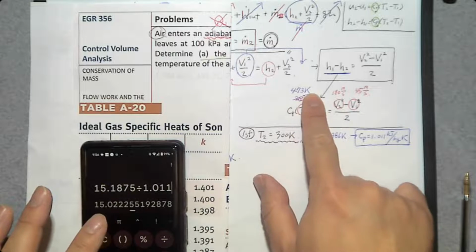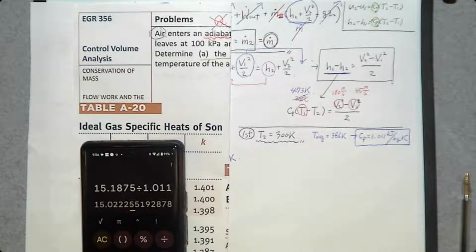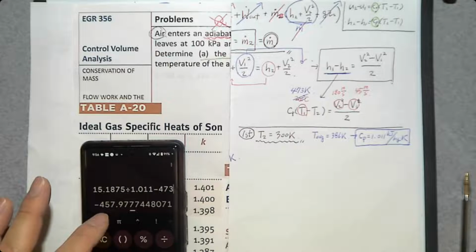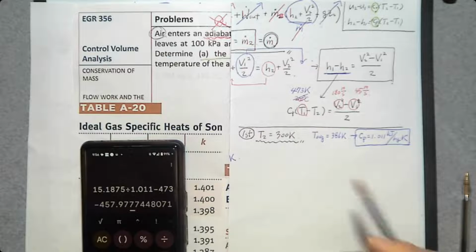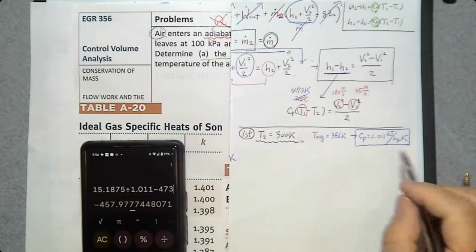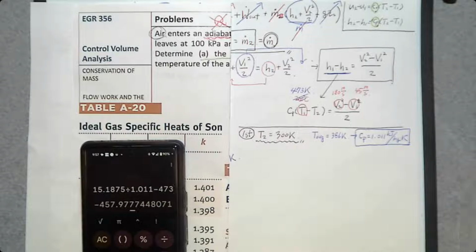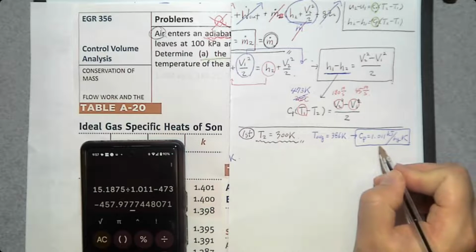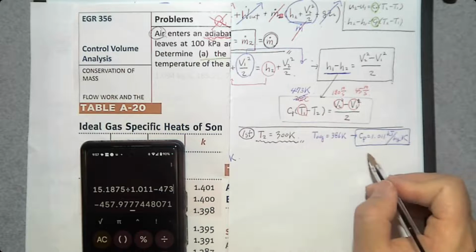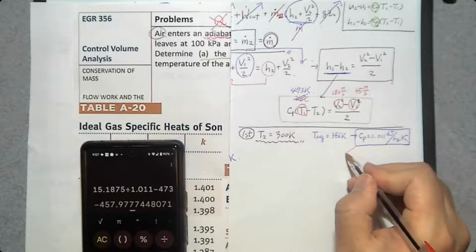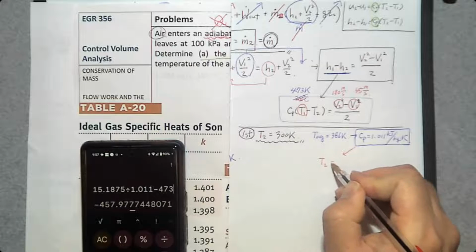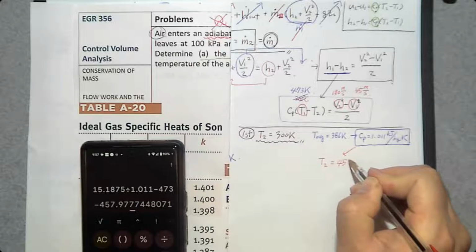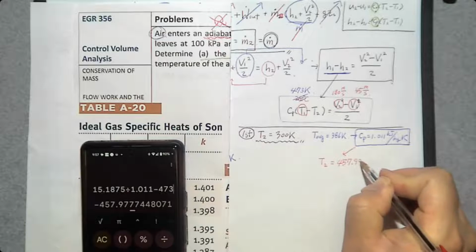So that is from 473 minus 15.02, we get 458. So if you solve this problem, we get the exit temperature T2 is 457.98 Kelvin.